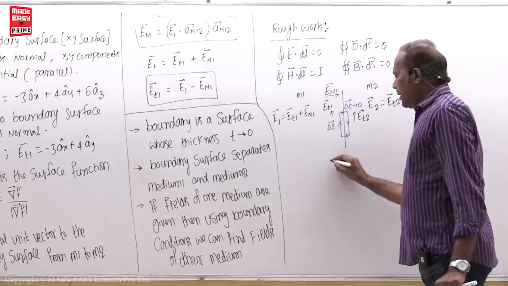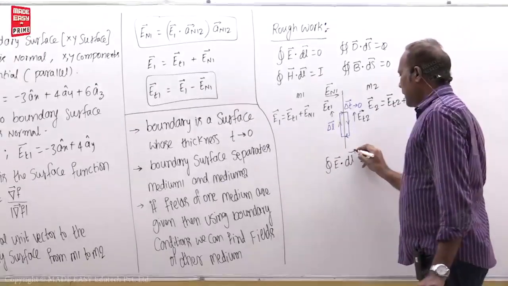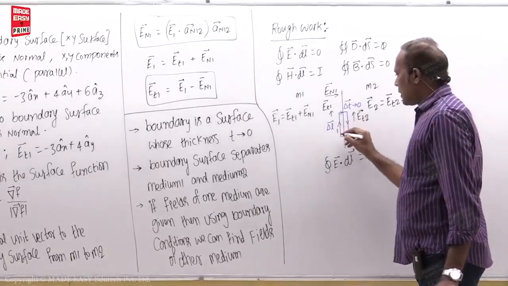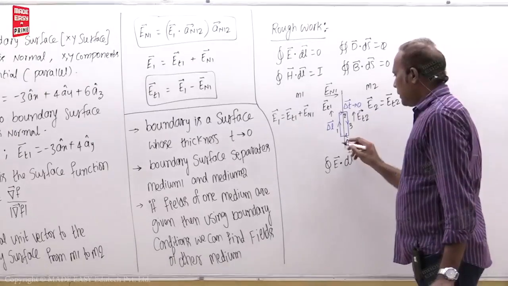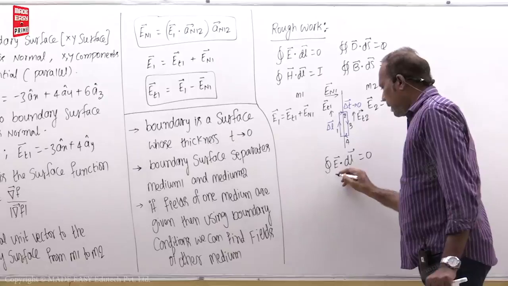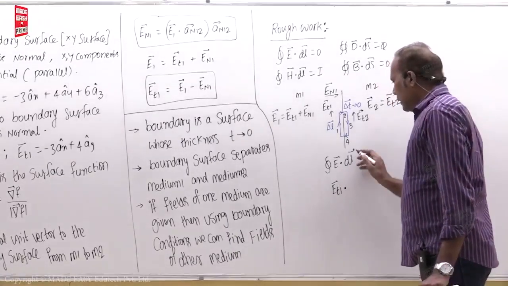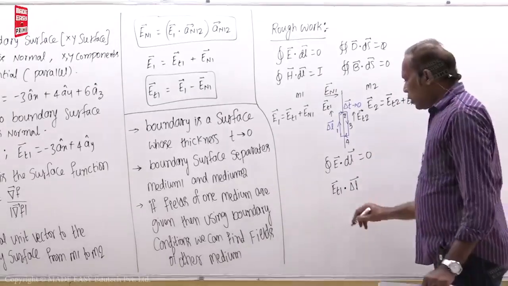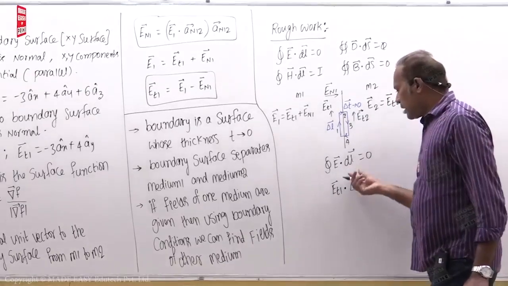Now if I calculate the closed E dot dl here, this closed line has 4 lines: first line, second line, third line, fourth line. For the first line, E bar is ET1 bar dot dl bar, which is nothing but delta L. Do you think you have to take the integral? No need, because this is already a small length.